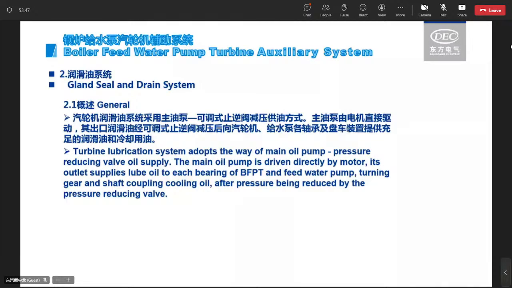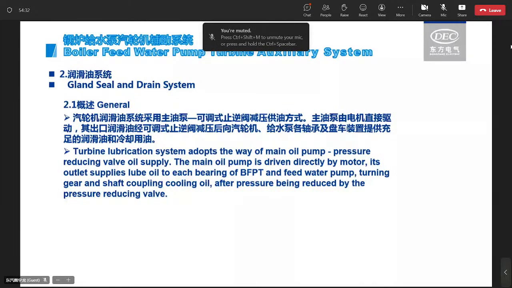The second major part is the lubricating oil system.